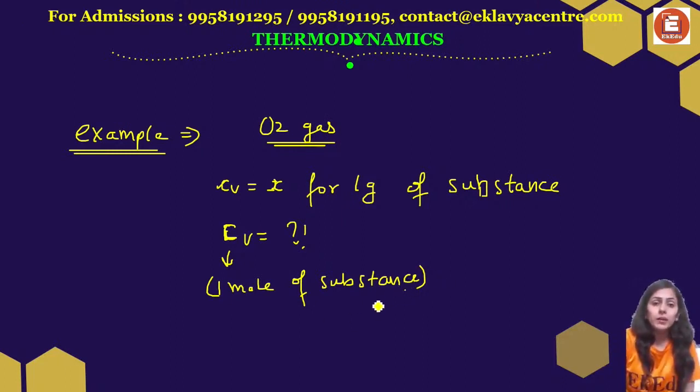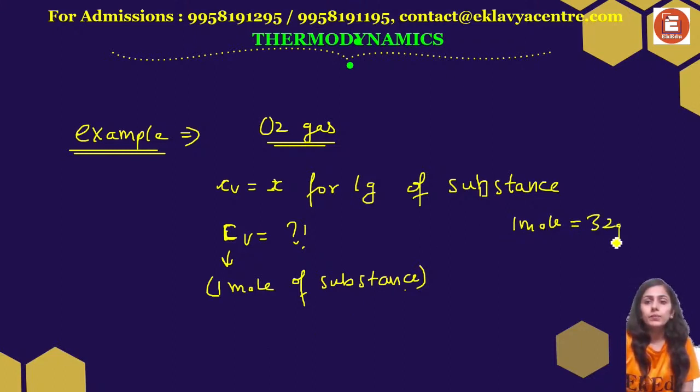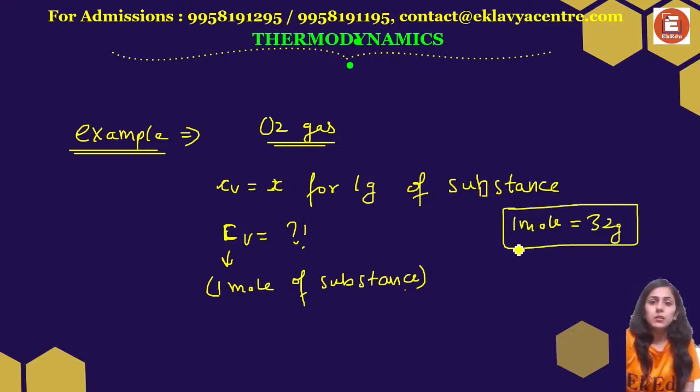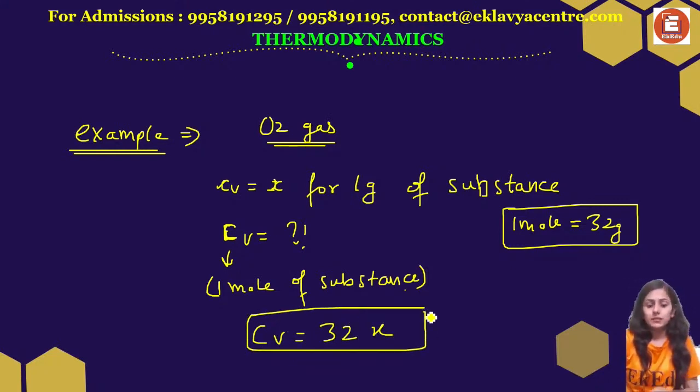We know that in 1 mole we have 32 grams of oxygen. In 1 gram, the value of cv is X. So for capital Cv it will be 32X. As simple as this.